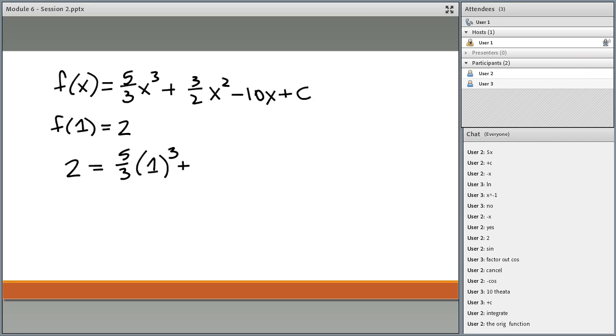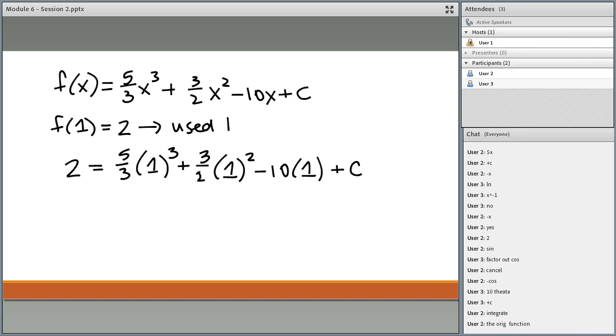So 2 equals 5 over 3 times 1 to the third. I'm plugging in 1 for all of the x's. Plus 3 over 2 times 1 squared. Minus 10 times 1 plus the constant. So now the constant is the only thing that I don't know, and I can solve for it. So this information, again, was used to find the constant.